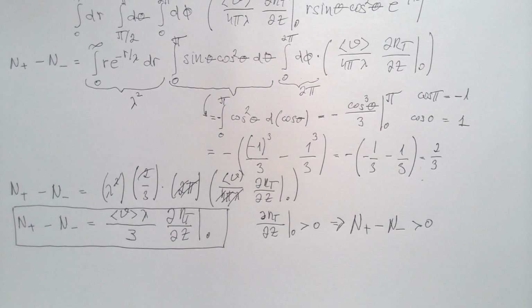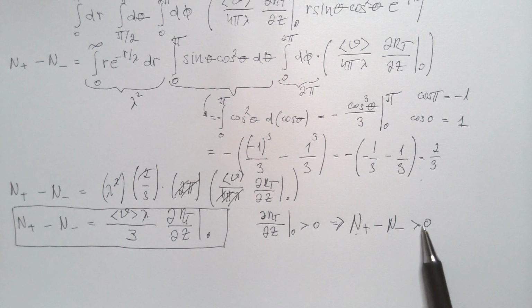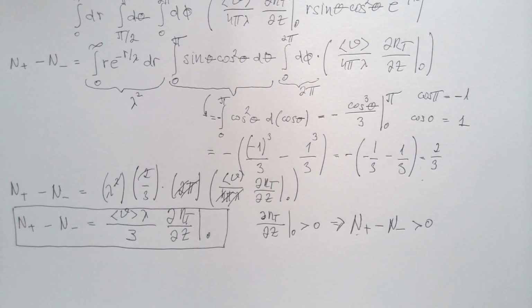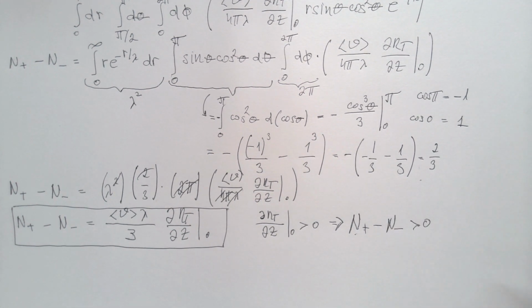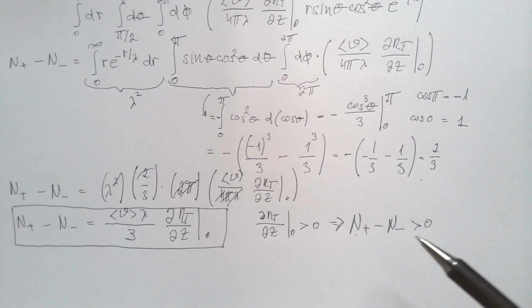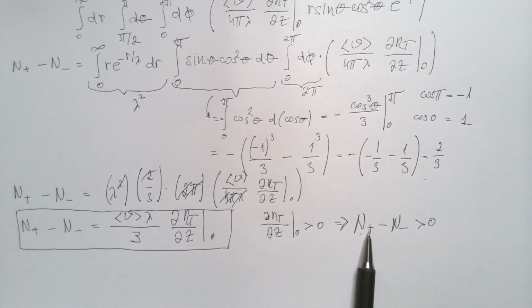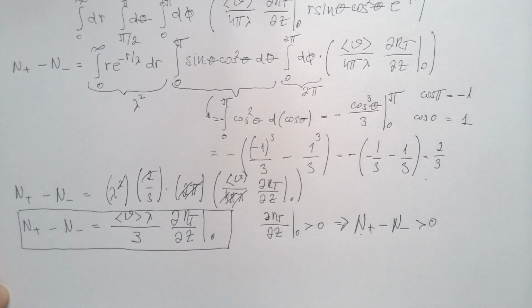But what is that telling us? Well, this being positive means that there are more tracer particles hitting our unit area from above than from underneath, which means there will be net transport from positive to negative z direction.